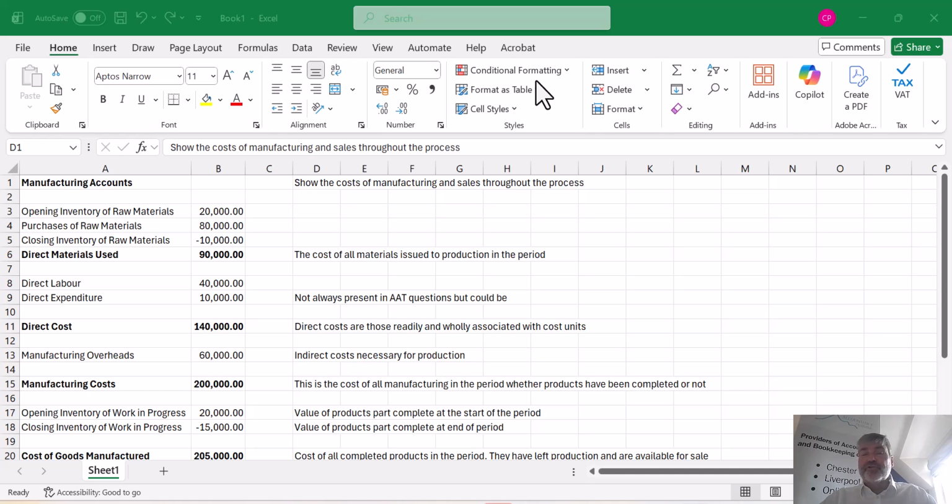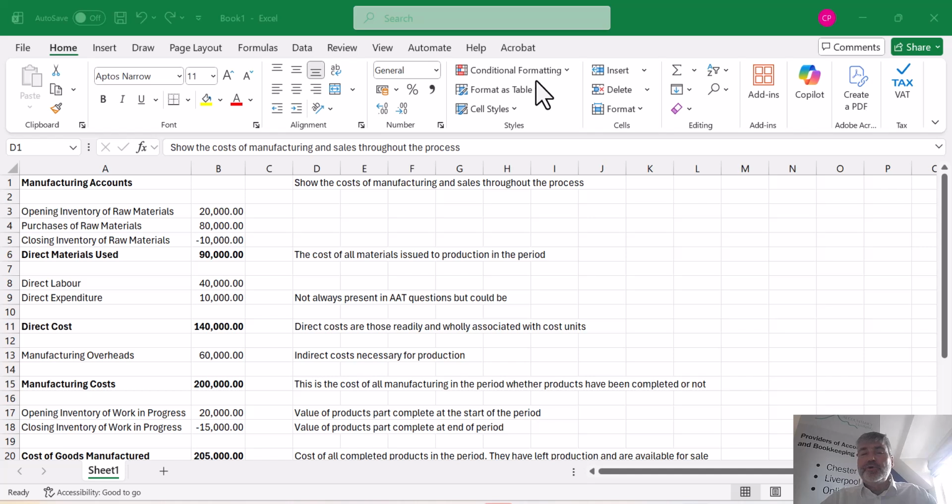So the manufacturing process, the production process, will then convert that material into product. That conversion includes the cost of direct labour. On my spreadsheet, I put in a figure for £40,000 for the cost of direct labour in the period.